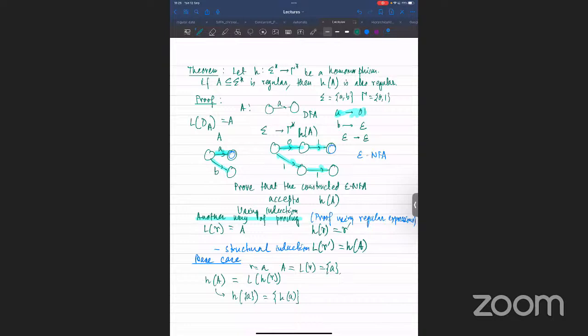So H of this set, you can just apply the H to A and then take this set. So this is L of H of A, which is of course the same as L of H of R, because R is the same as this, R equal to a. This is what we started with. Essentially we are calling it R prime, L of R prime.